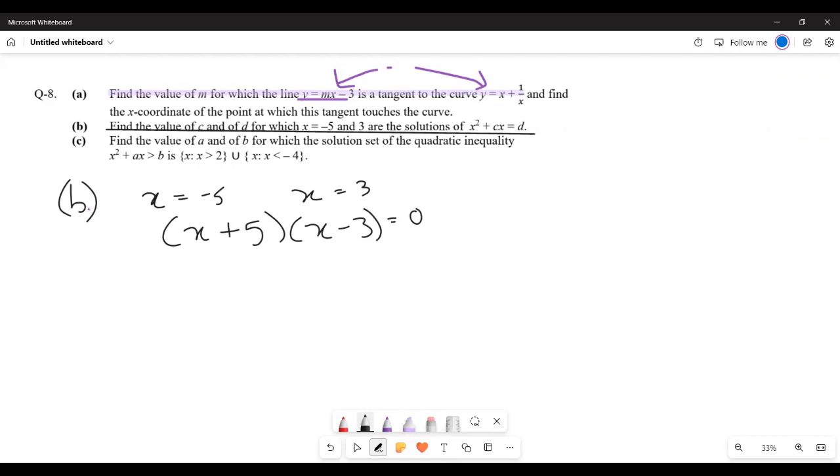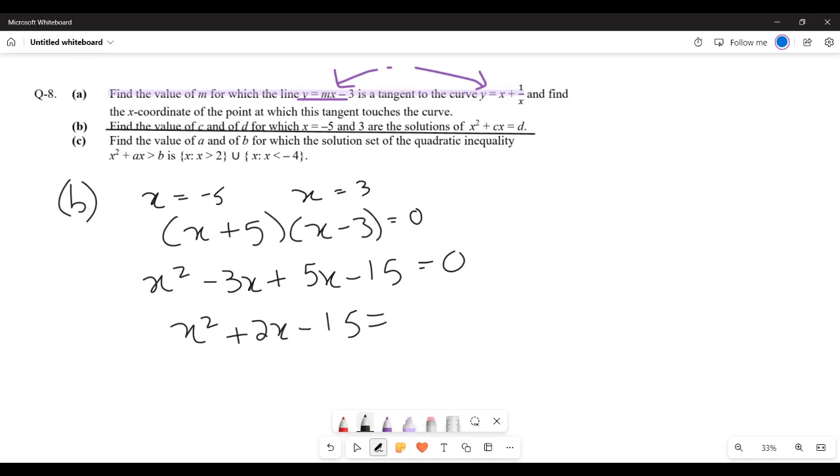One step back, expand, x squared minus 3x plus 5x minus 15 equals 0. One step back, x squared plus 2x minus 15 equals 0. And we're supposed to write this in this form. So x squared plus 2x equals 15. So according to that, C is 2 and D is 15.